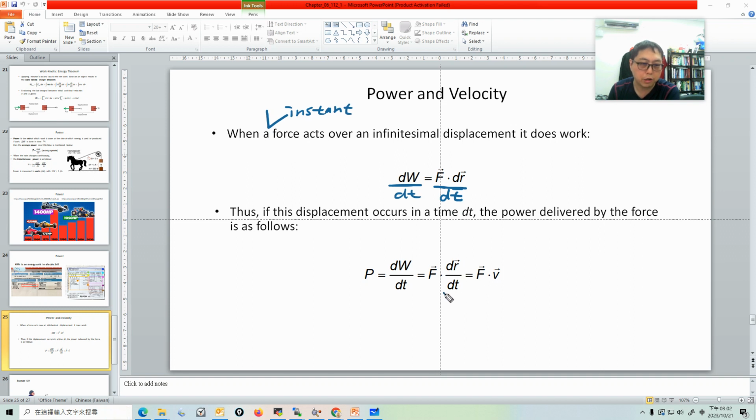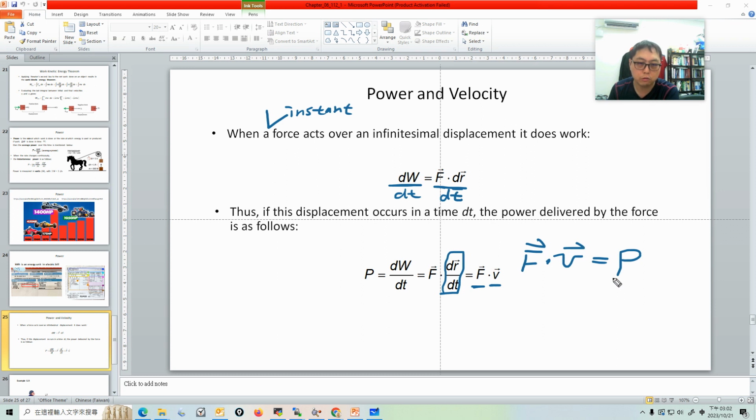This dr over dt, the derivative of the position vector with respect to time, is velocity. So P, the power, equals the force vector dot product with the velocity vector.